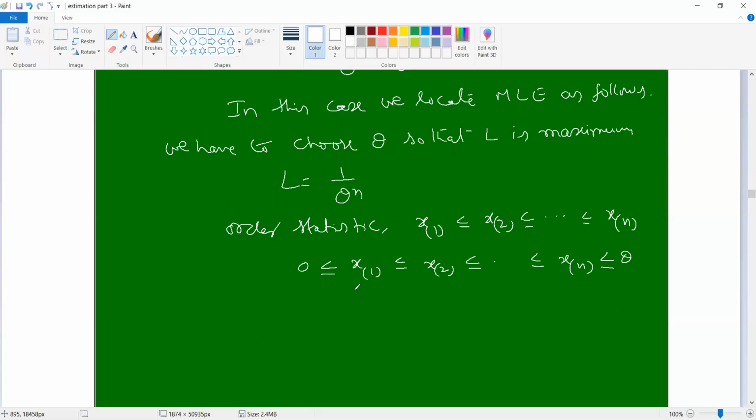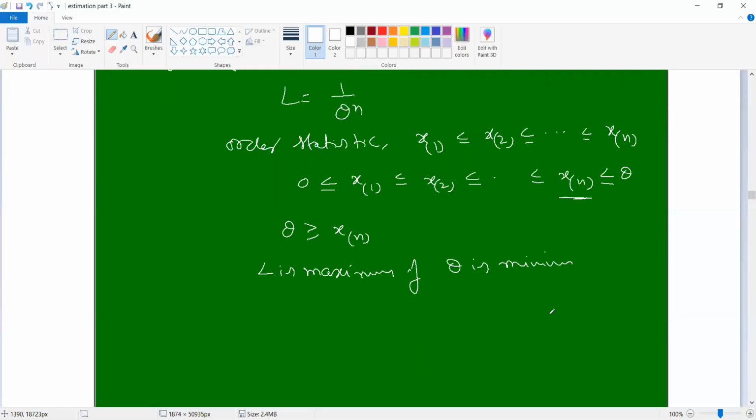Now in this ascending order, what is the minimum value of theta? It is xn order. The least value: theta is greater than or equal to xn order. The least value of theta is xn order. This is the minimum value. So L is maximum if theta is minimum, and the minimum value of theta is xn order.